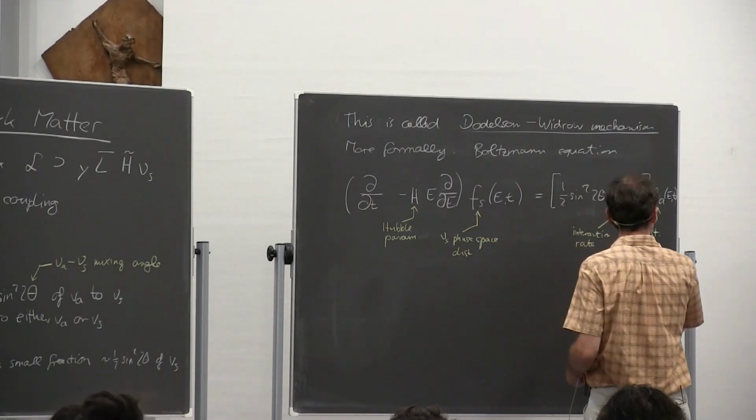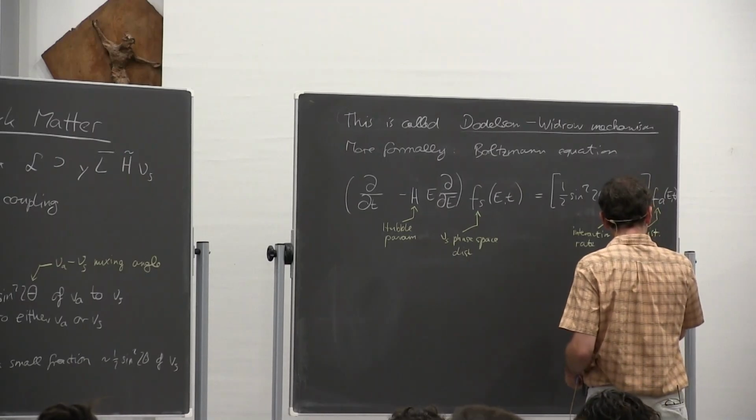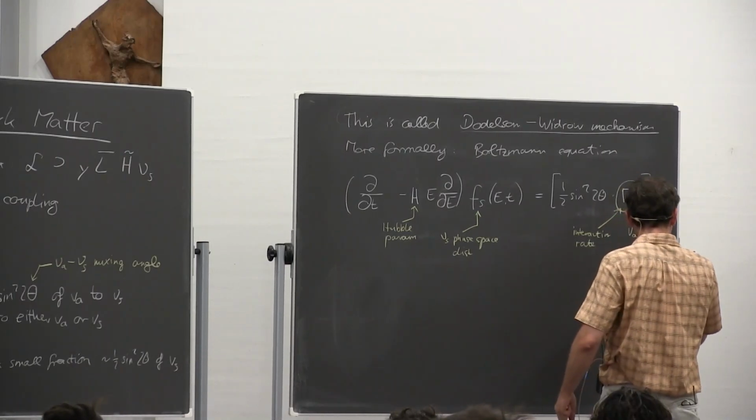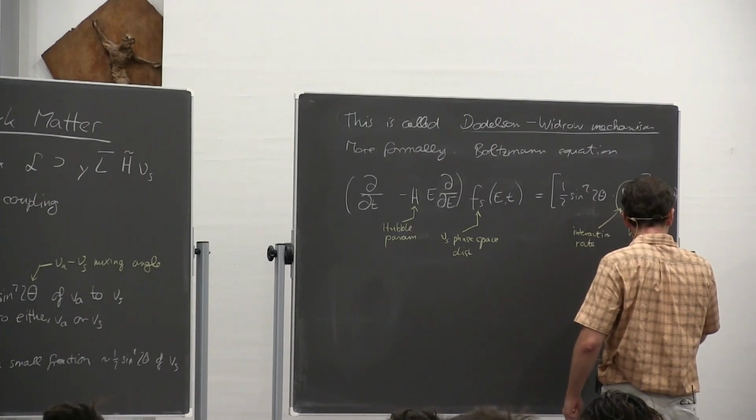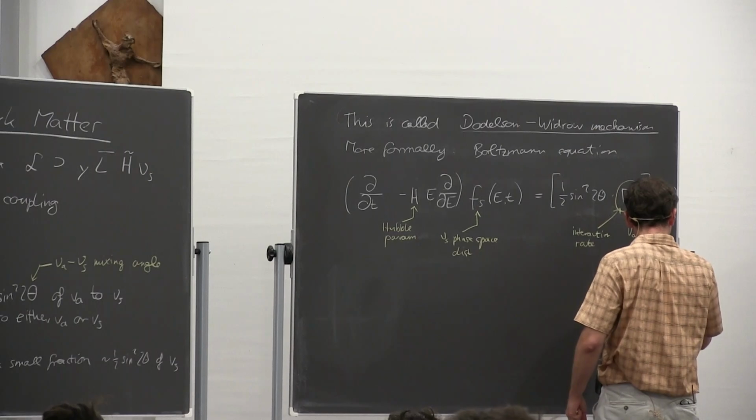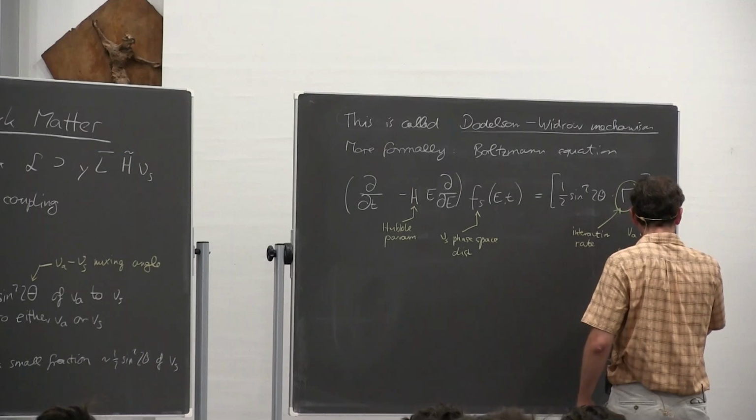So we take F_a to be 1 divided by e to the E over T plus 1, because it's a Fermi-Dirac distribution.